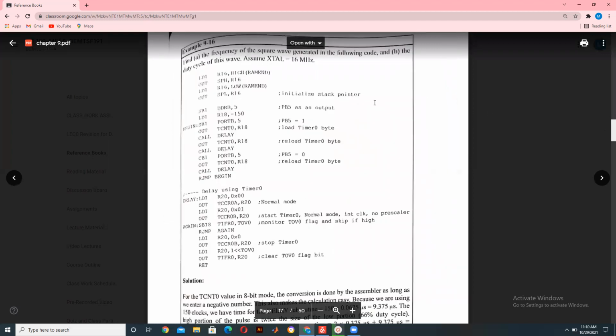Then we have to find the frequency of the square wave generated by the following code and the duty cycle of the wave.